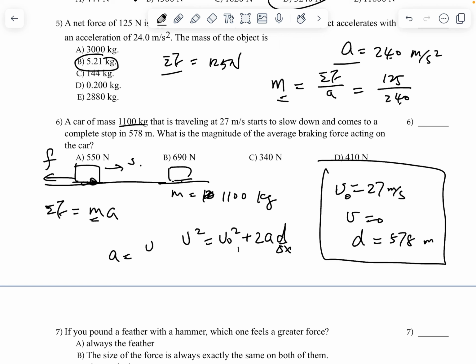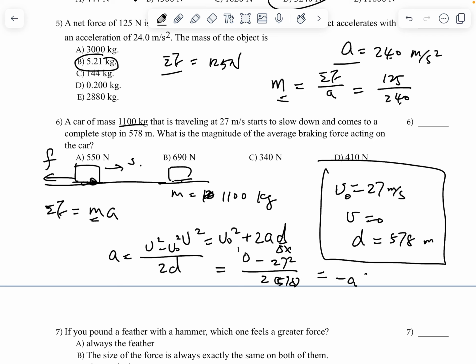So a equals v squared minus v naught squared, divided by 2d. v is 0, v naught is 27, and d is 578. So a equals 0 minus 27 squared, divided by 2 times 578.